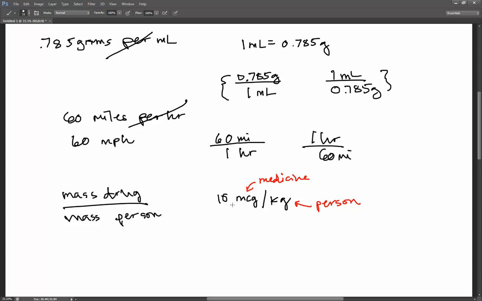It's just 10 micrograms per kilogram, and you always know that the patient here is in the bottom. And of course, you can flip that, right? So that would be the same as saying that every 1 kilogram of person receives 10 micrograms of drug. Both of those are interconvertible conversion factors. And so we can do dimensional analysis with conversion factors like this.